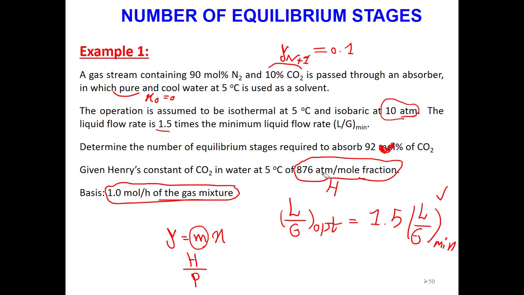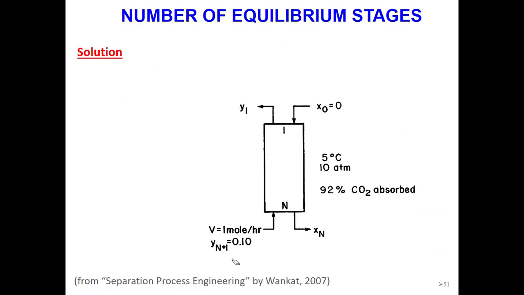Atmosphere per mole fraction divided by atmosphere gives a unitless mole fraction. So this is how we plot our equilibrium line, using y = mx, where m is the Henry constant divided by pressure.